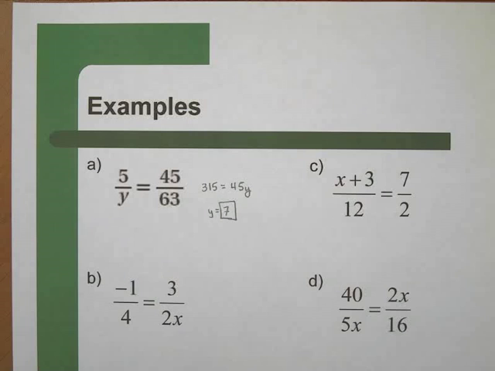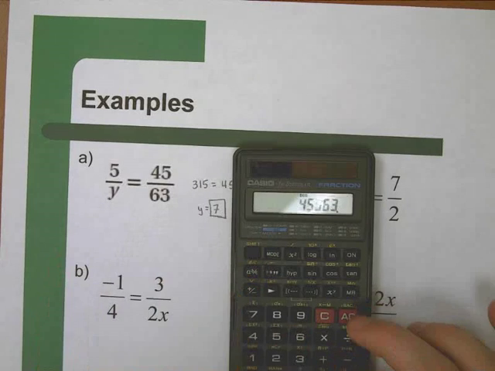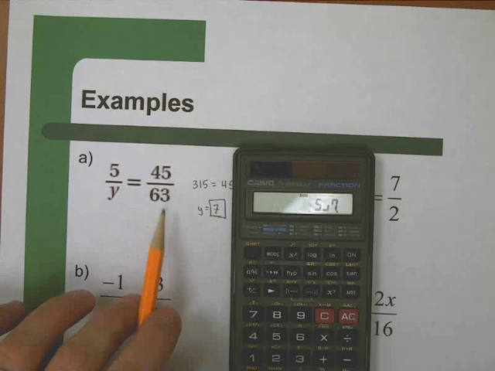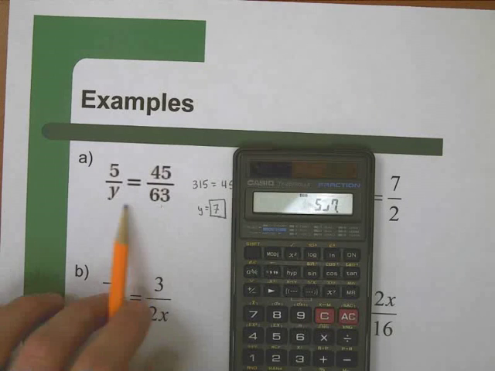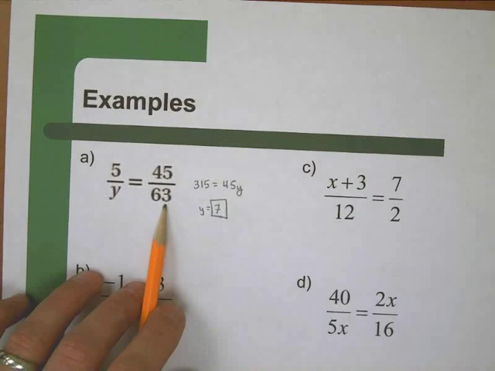So 5 over 7 is the same thing as 45 over 63. Of course, I could have figured that out quickly by typing 45 over 63 on my calculator and hitting enter, and it tells me 5 over 7. So sometimes, not always, if you have just numbers and no letters on one side, see if that reduces. Maybe that makes the problem pretty easy.